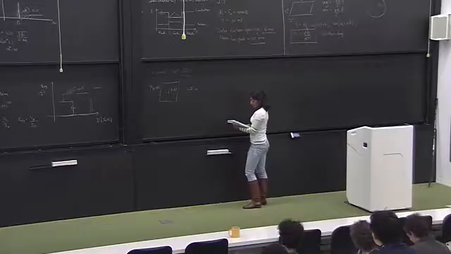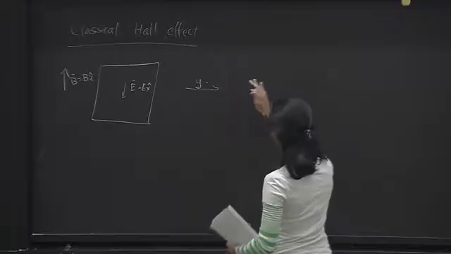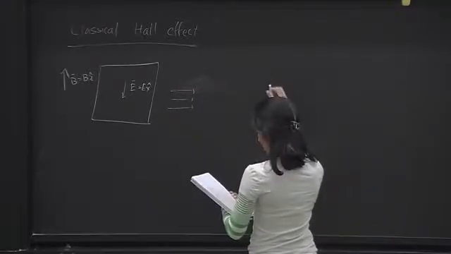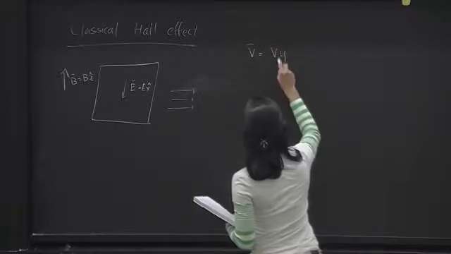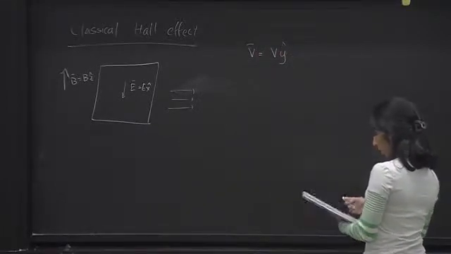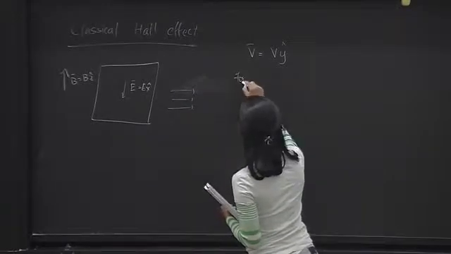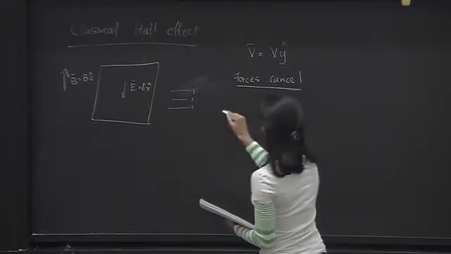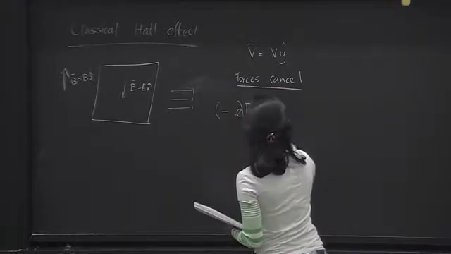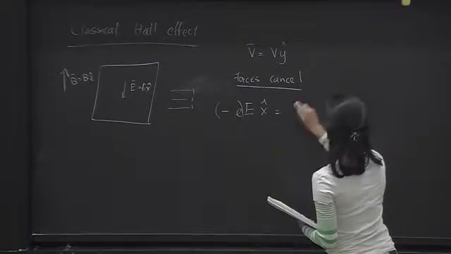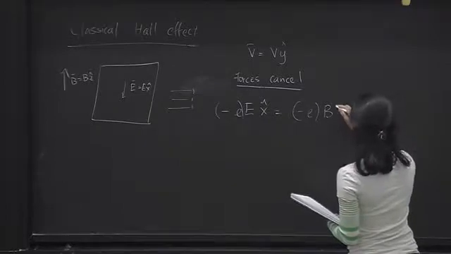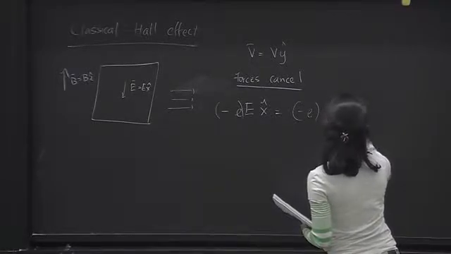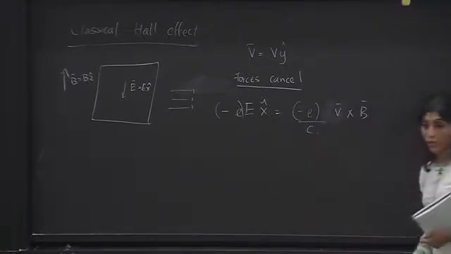One easy way to figure out what the drift velocity is, is to just assume the answer. So assume the electrons are drifting in the y direction, so let the velocity v be v y hat. Then we know that for the forces to cancel, the force due to the electric field should be the same as the force due to the Lorentz force, right?